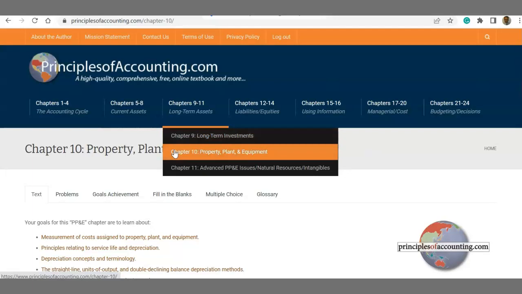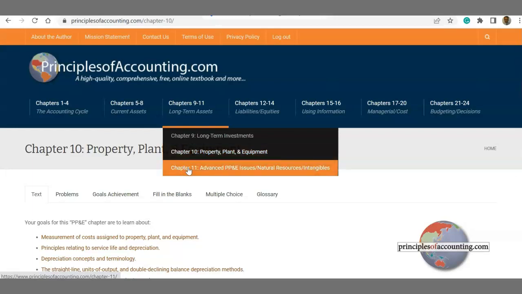Perfect. The third category of the classified balance sheet, we're going to cover in chapters 10 and 11. It is property, plant, and equipment. And down the road, the fourth category of the classified balance sheet, in chapter 11, is intangibles.